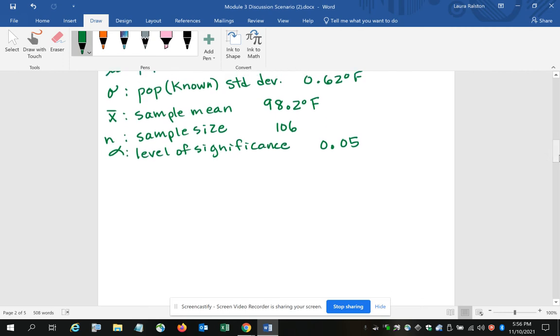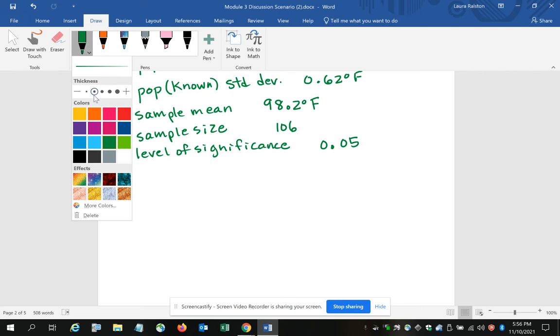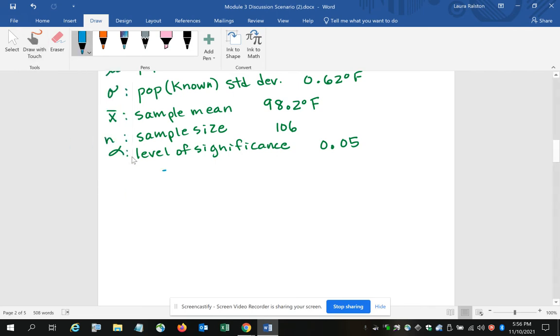Okay, so I'll come back to my paper, and on my paper, step 3 was to calculate the z and the p. So my z test statistic is negative 6.64. The corresponding p-value is 0. I then need to make a decision.